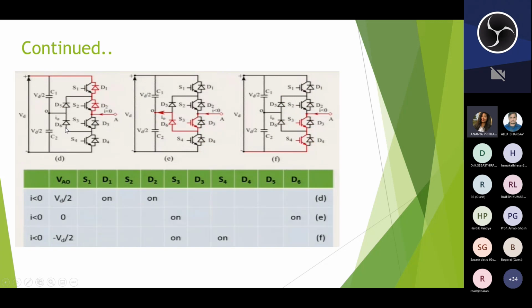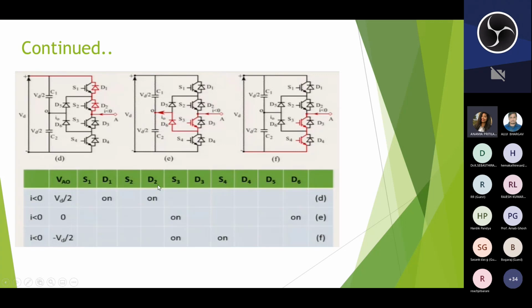Here are the cases I have considered for negative current. The current will flow through D2, D1, and go to the source. Here the voltage will be VDC by 2 only, but D1 and D2 will be on.